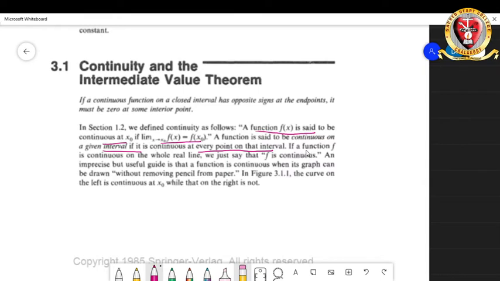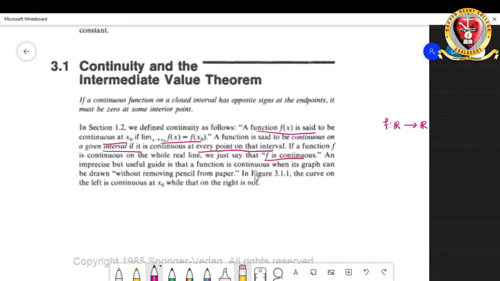Usually if the domain is R, suppose we are defining a function from R to R, we say that the function is continuous on the whole real line when the continuity is happening at every point inside the set of all real numbers, and then we say that f is continuous.